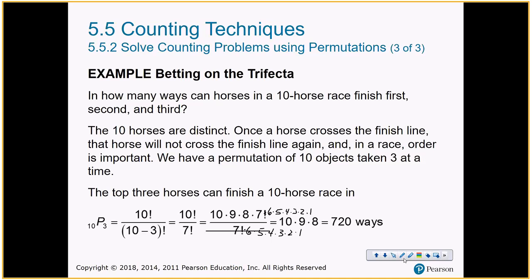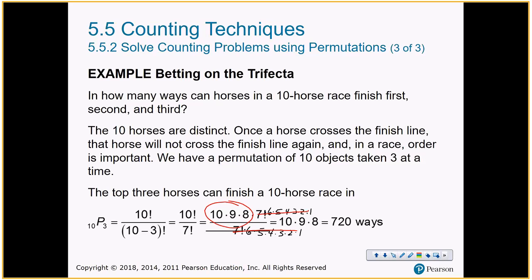Theoretically, what happens to 7 times 6 times 5 times 4 times 3 times 2 times 1? It cancels out, and you're left with just that. And that's what happens with factorial formulas.